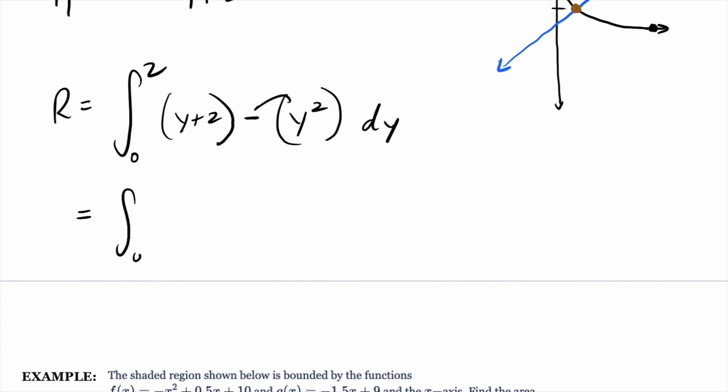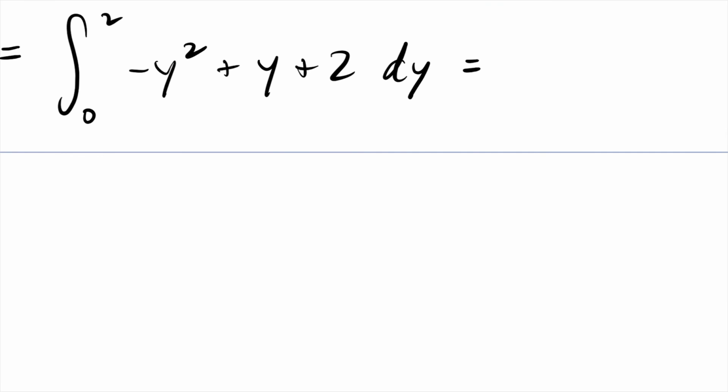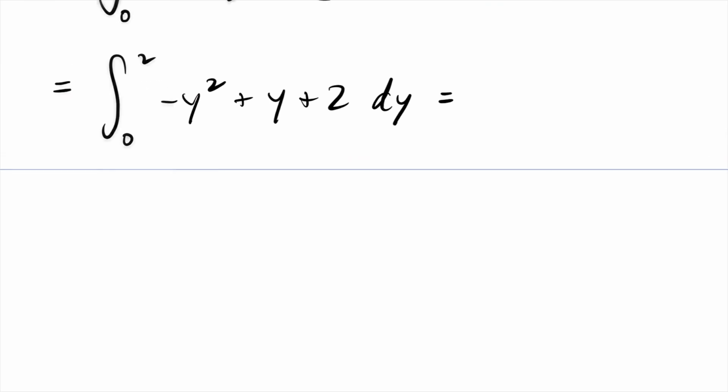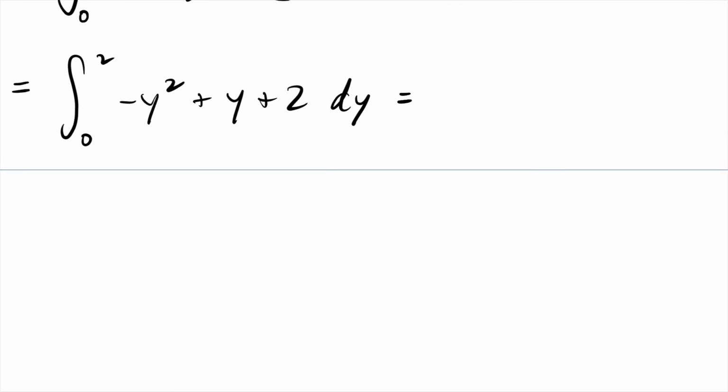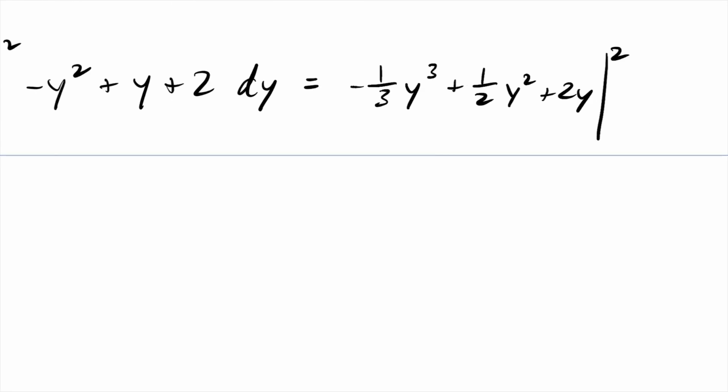So you're going to get the integral from 0 to 2 of negative y squared plus y plus 2 dy. Okay, so when we do that, you get negative a third y cubed plus 1/2 y squared plus 2y, and we're going to evaluate it from 0 to 2.